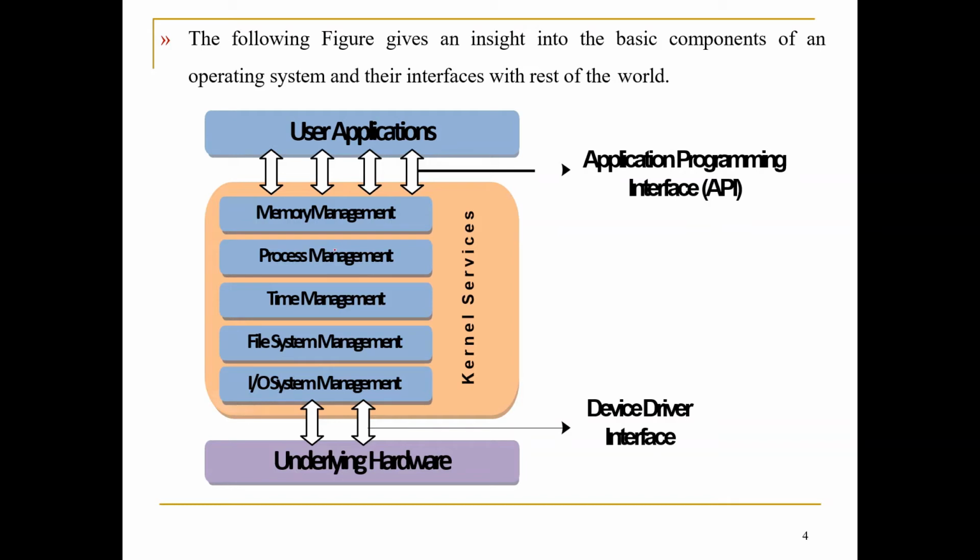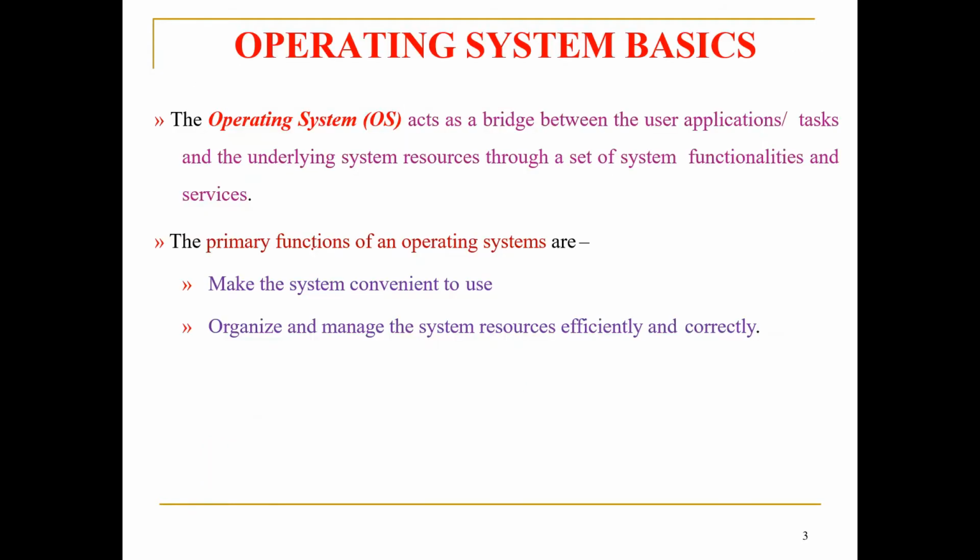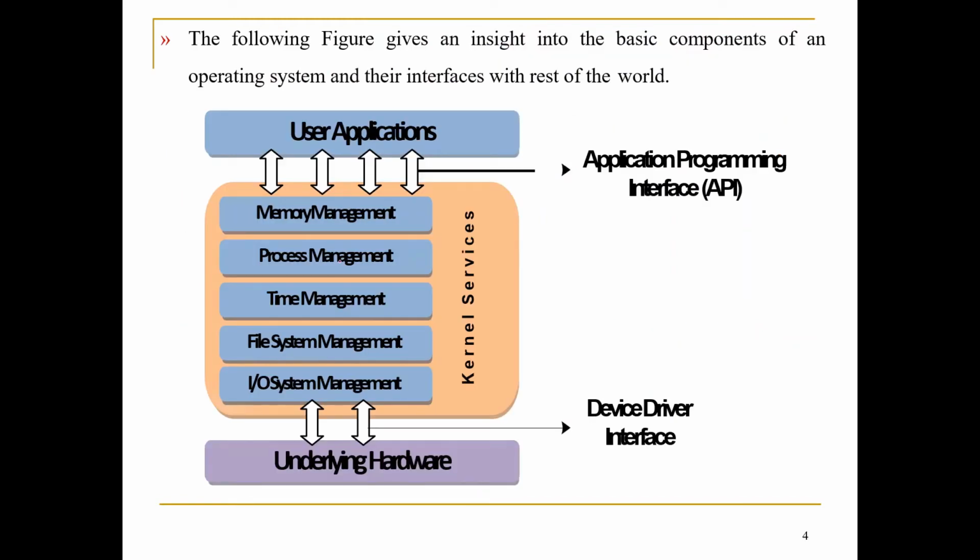If I open up the operating system, there are a lot of other components inside it. As I said, the operating system makes the hardware work efficiently with the help of some functionalities and services, which are the things you can see here.